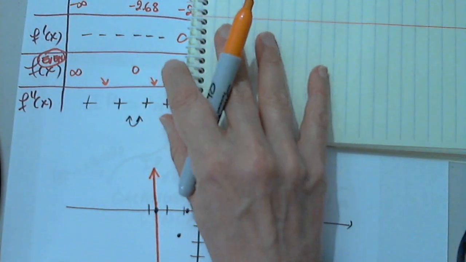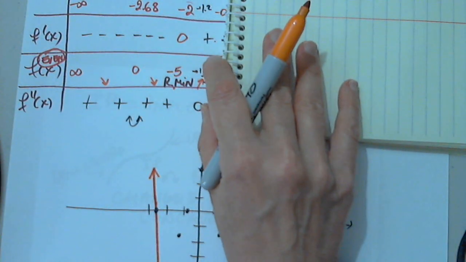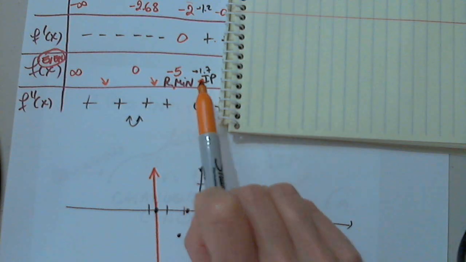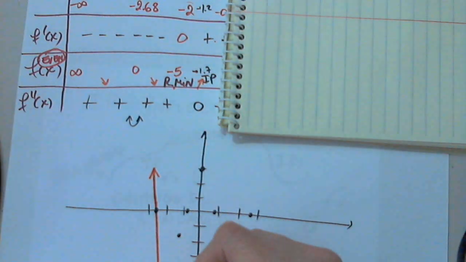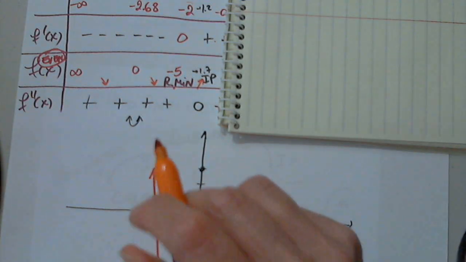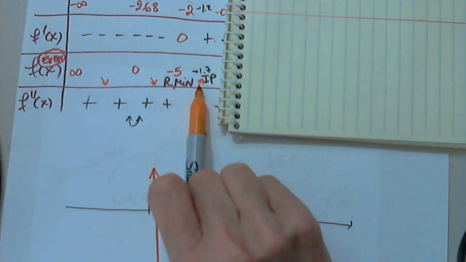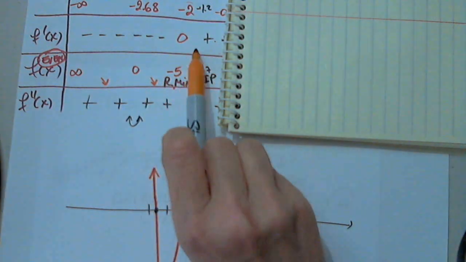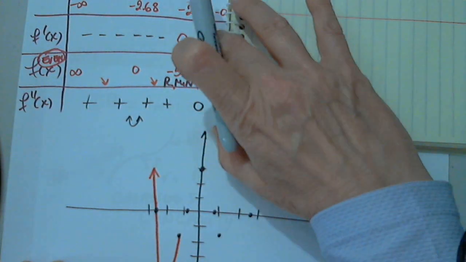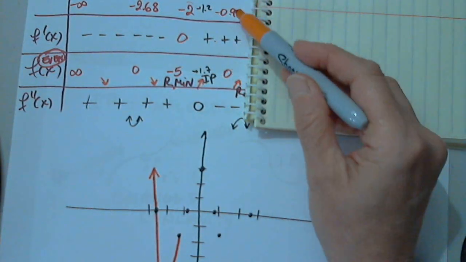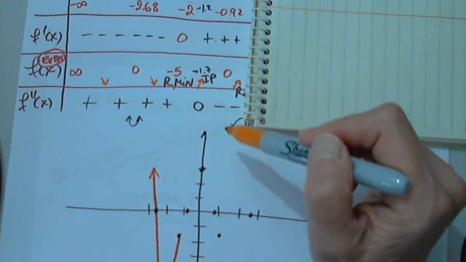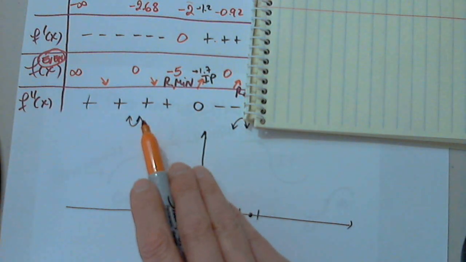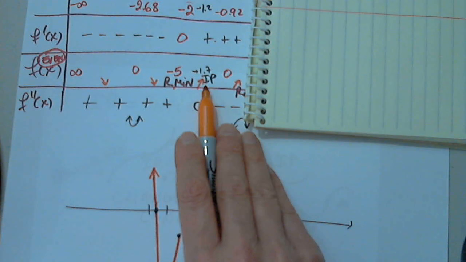Next, it continues to open up, but now it's increasing to this point that is an inflection point, still opening up, but increasing. Next, it crosses the x-intercept at negative 0.92, 0, but it changes concavity. It's no longer holding water. It's opening down because this was an inflection point.